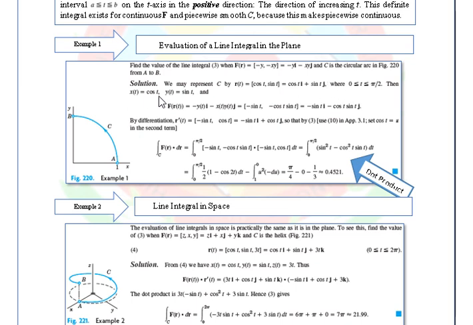Then x of t is equal to cosine of t and y of t is equal to sine of t. Substituting x of t into the function f of r, we now have this equation. By differentiation, r prime of t is equal to negative sine of t i plus cosine of t j.